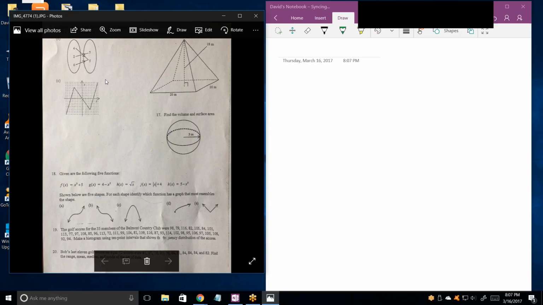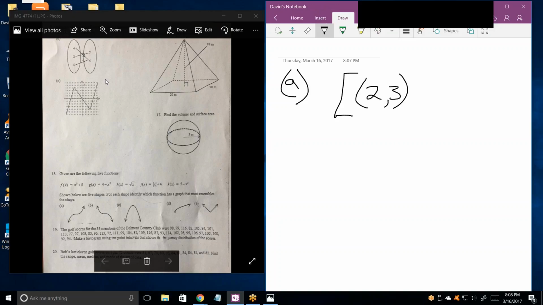Well, A is in brackets: parentheses 2, comma 3, comma, parentheses 5, comma 7, close parentheses, then comma, then parentheses 4, 6, and end of brackets.